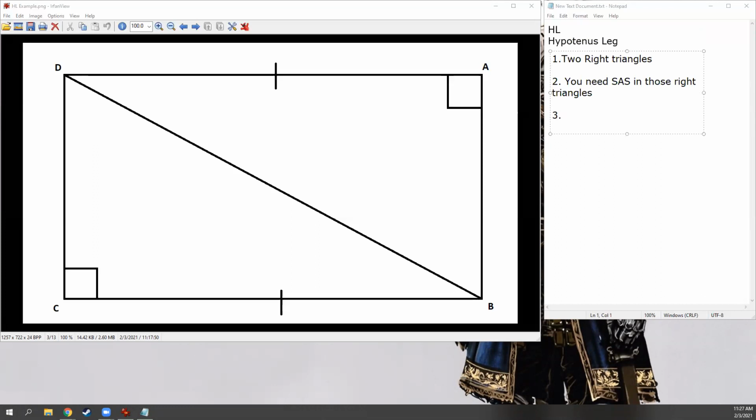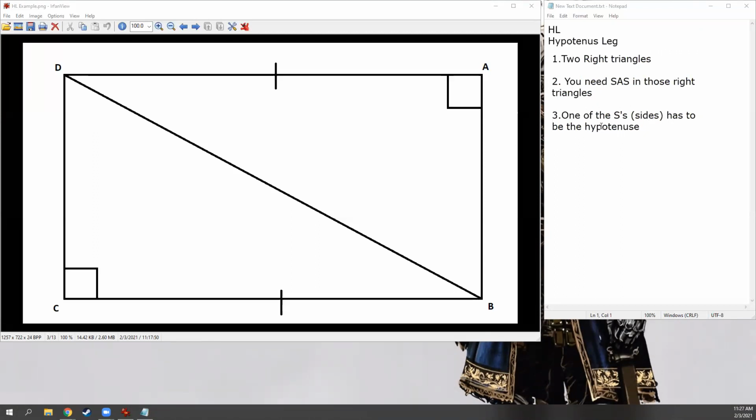And then three, one of the S's, or sides, has to be the hypotenuse. So of all of the other this-triangle-is-equal-to-this-triangle things that we have done, SSS, SAS, ASA, AAS, this one, of course, is the most complicated. That's why I saved it for a little bit later. But yeah, it's this right here. You need two right triangles, you need SAS, and you need one of those S's to be the hypotenuse.